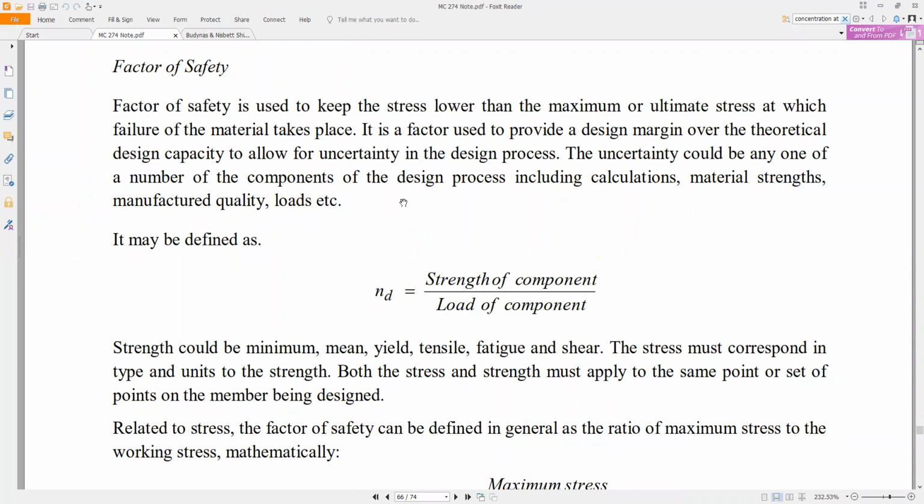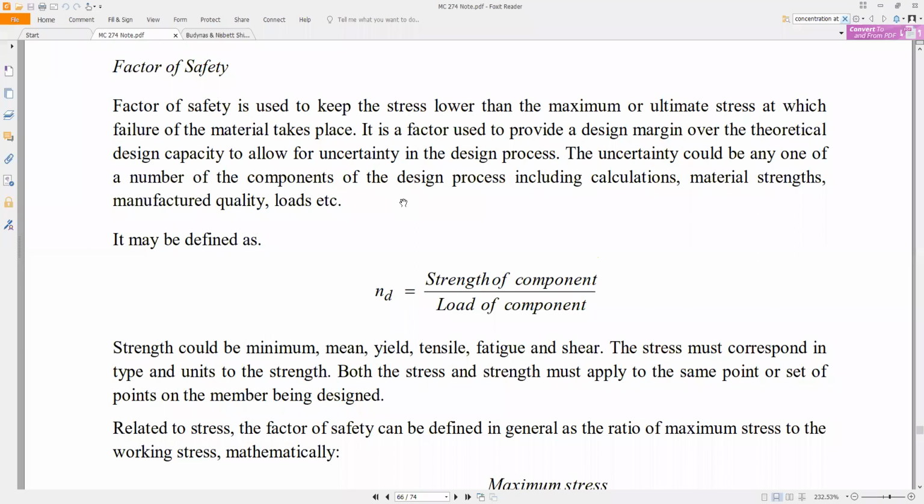The uncertainty could be any one of a number of components of the design process, including the calculations, the material strength, the manufactured quality, or the loads that are on it, etc. Maybe during the calculation process, you've made certain errors which may affect your final results, which may cause you to under design your part.